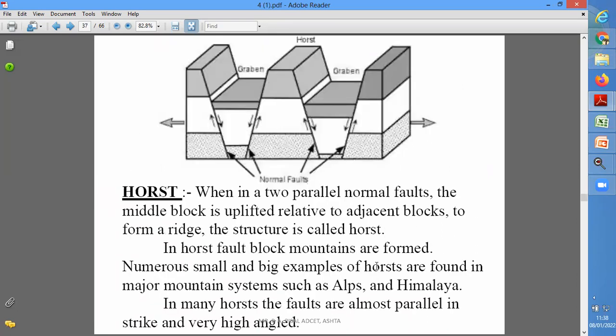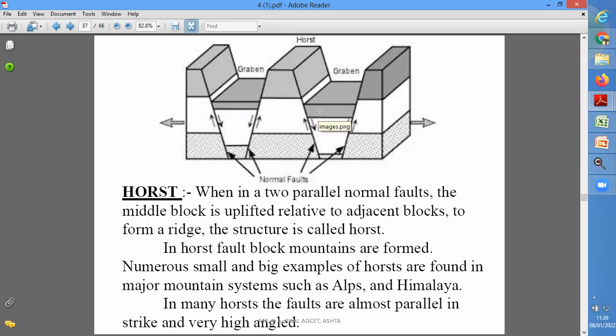That's why we get such a type of alternate blocks. One block moves downward, one block moves upward. Again, one block moves downward, then upward. So alternate up and down you can see in the series of faults, and all these faults in the horst and graben are normal type of faults.